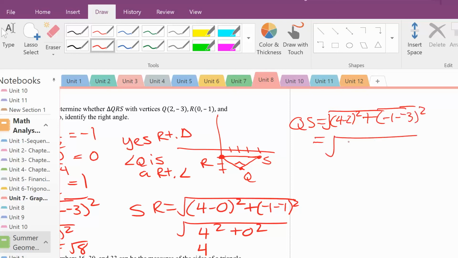So it's going to be the square root of 2 squared plus 2 squared. So it's also going to be the square root of 8.